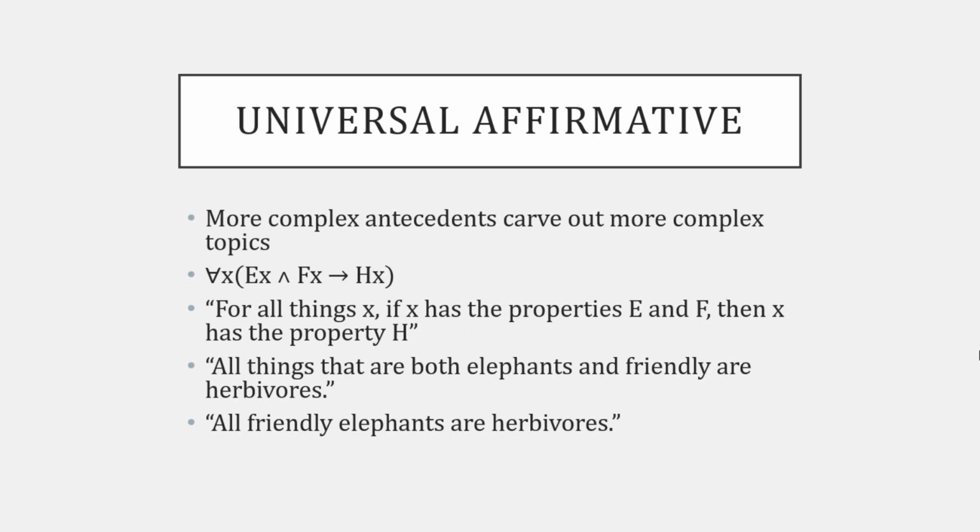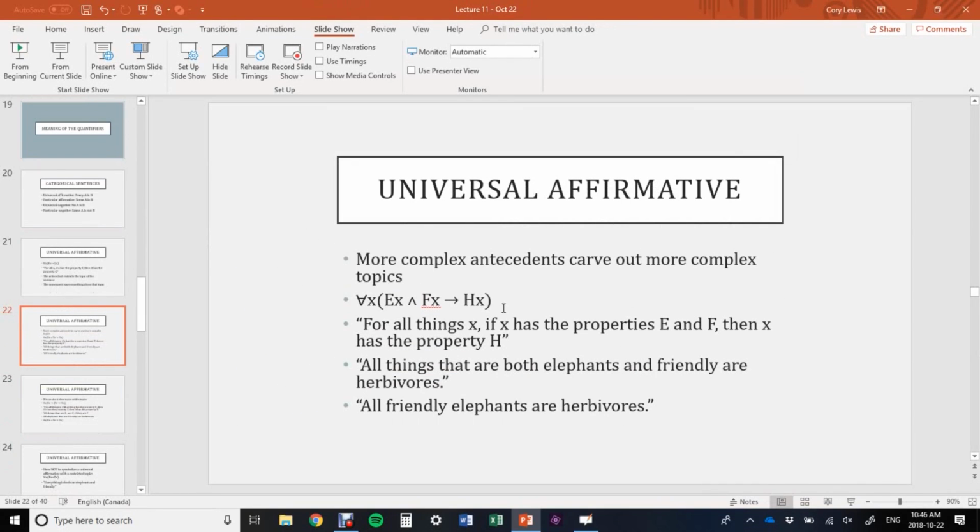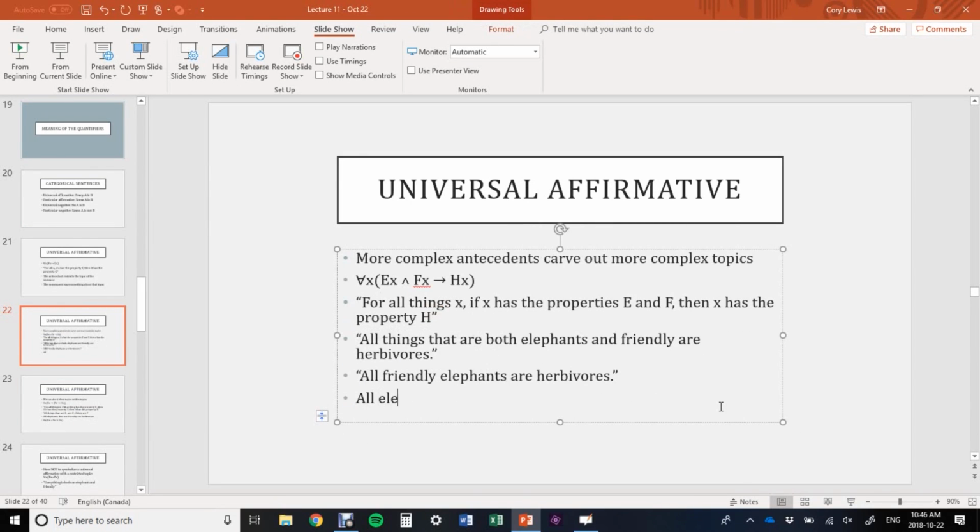If I'd said instead all elephants are friendly herbivores, now I've shifted friendly from the antecedent to the consequent, right? So if I say all friendly elephants are herbivores, or if I said instead all elephants are friendly herbivores, how would that affect this sentence here? It would shift friendliness from the antecedent to the consequent. Yeah?